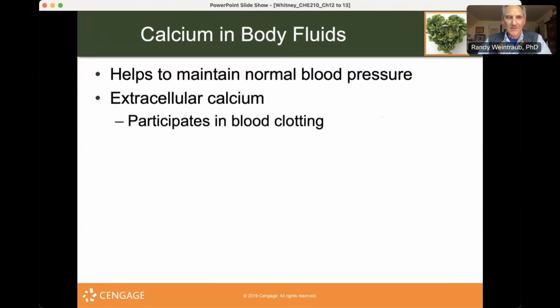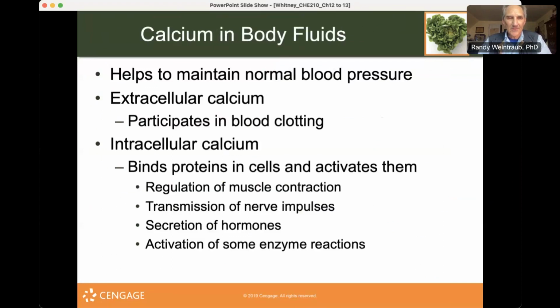Extracellular, it participates also in blood clotting. Intracellular, it interacts with proteins, activates them in some cases, regulates muscle contraction, and a number of other very important interactions of this mineral.